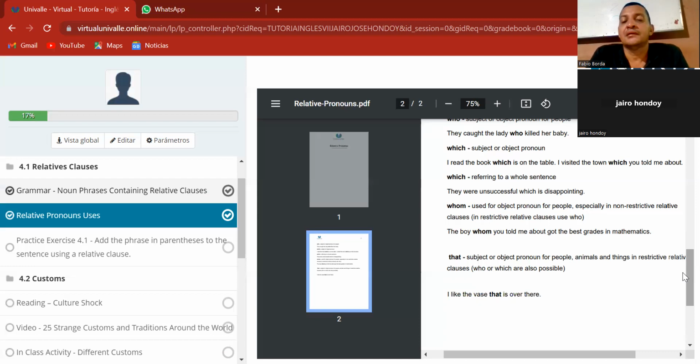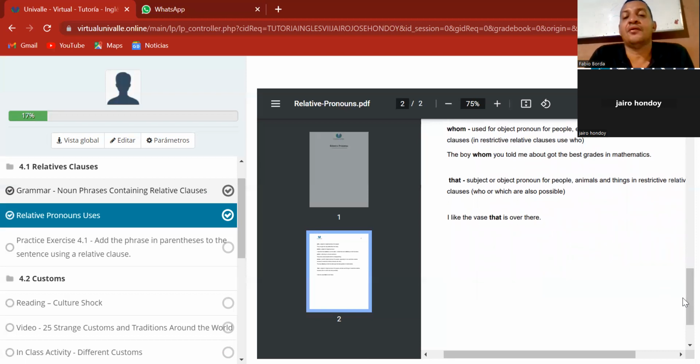El chico de quien me hablaste consiguió las mejores notas en matemáticas. O obtuvo, ¿verdad? O obtuvo.